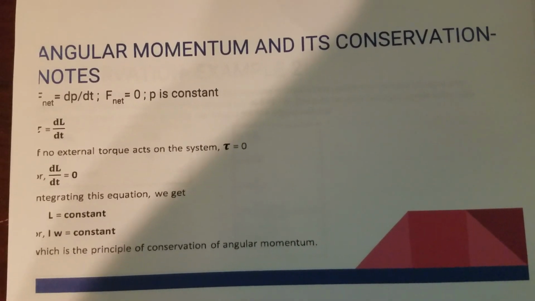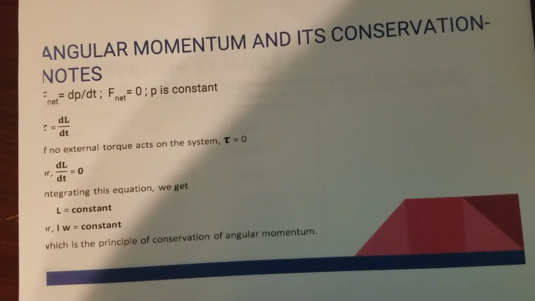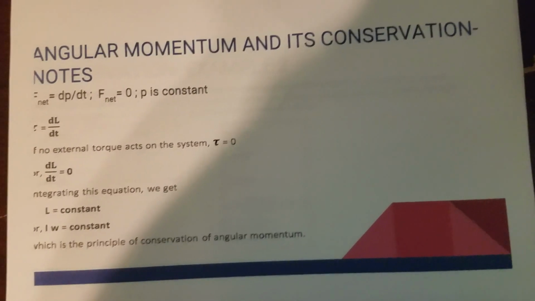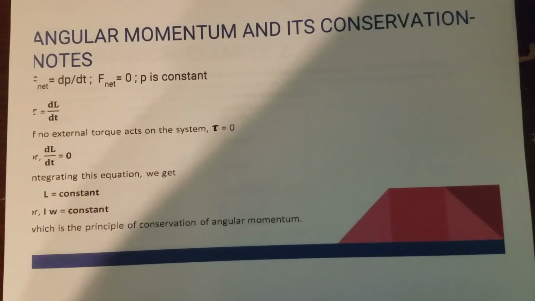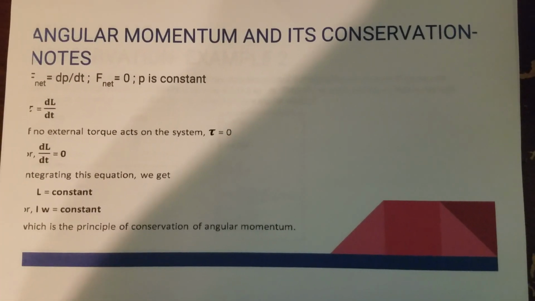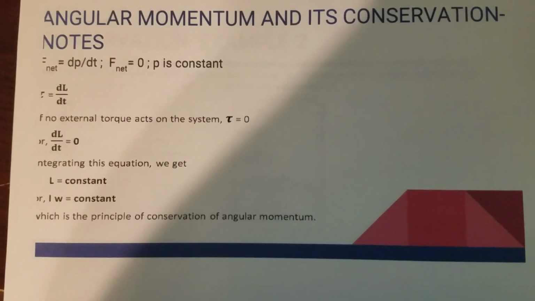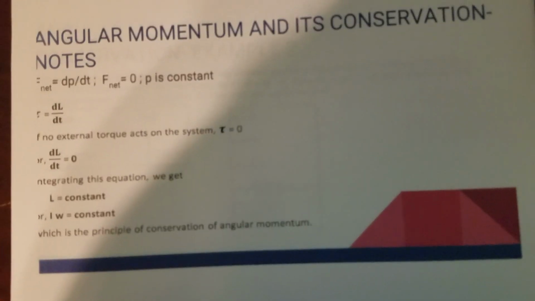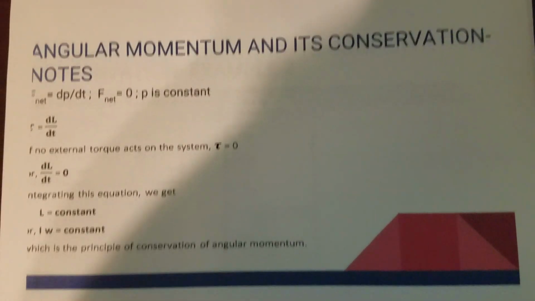Now torque is equal to the derivative of angular momentum, and if there's no external torque acted on the system, the torque is equal to 0, or dL/dt is equal to 0. Now integrating this equation, we get L as constant, or inertia and angular velocity constant. So this is the principle of conservation of angular momentum. You just need to memorize that.